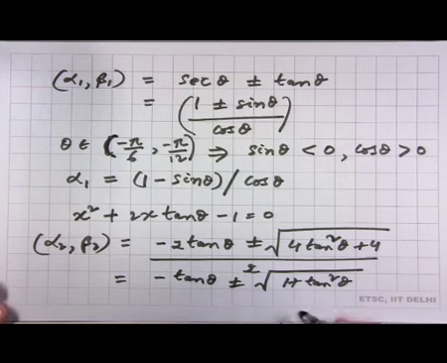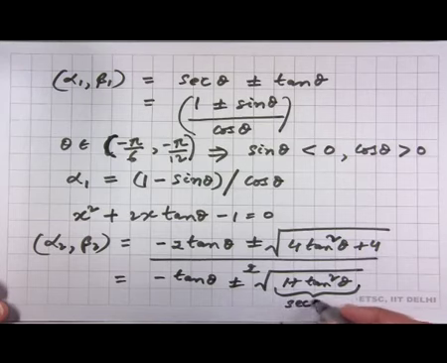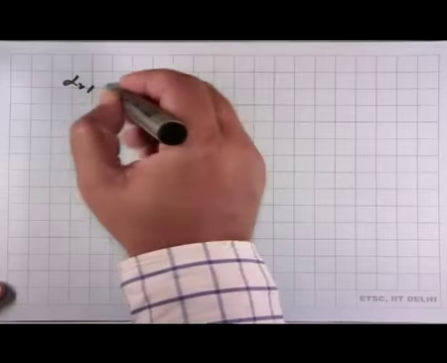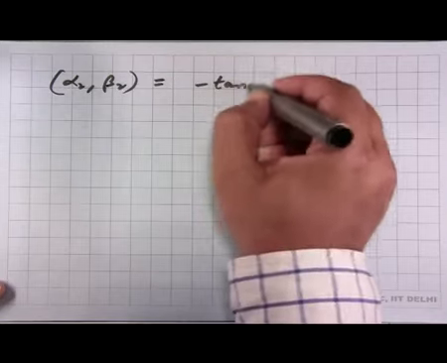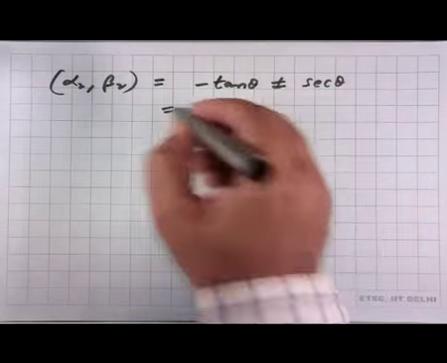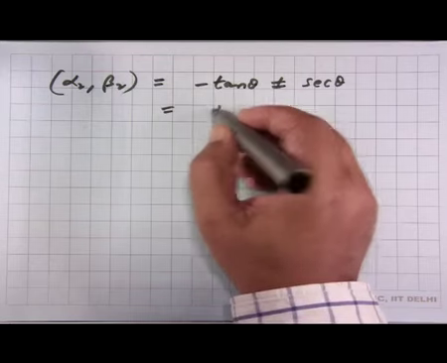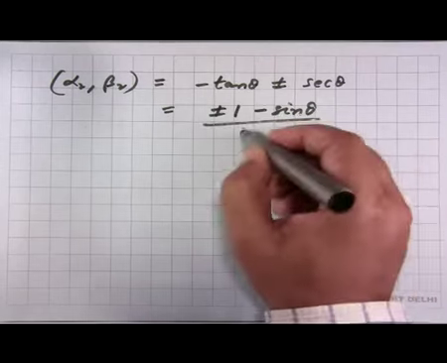And then of course, here we use the identity that 1 plus tan square theta is in fact sec square theta. So, it follows that the two roots of the second quadratic equation are minus tan theta plus minus secant theta, which is plus minus 1 minus sin theta over cos theta.